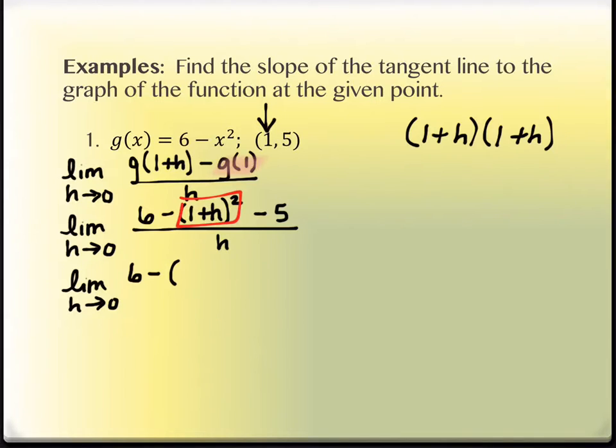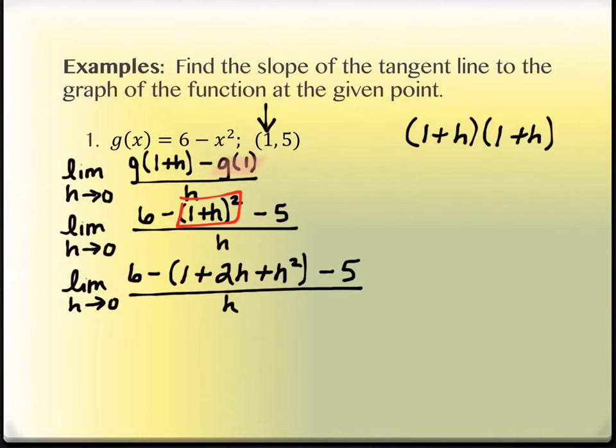But what do we get when we have 1 plus h times 1 plus h? 1 and 2h and what else? h squared. Don't forget that minus 5 on the end. It doesn't go away yet. Okay, everybody good?